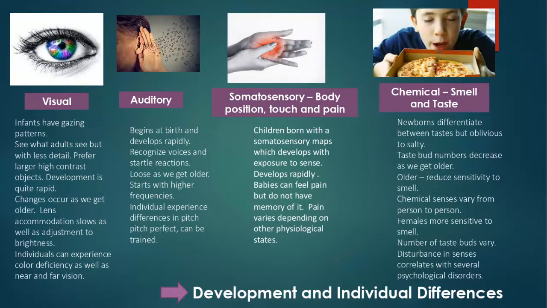Again, individuals can differ. We've already spoken about color deficiency. Some individuals can be colorblind, and some don't see as well as others from a young age and have to wear glasses. So within vision, there is a developmental change in the sense over the years, and individuals can experience things differently.